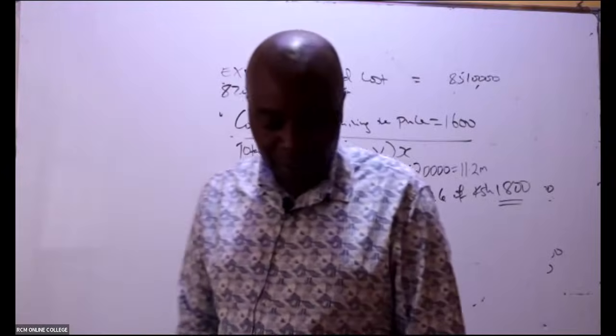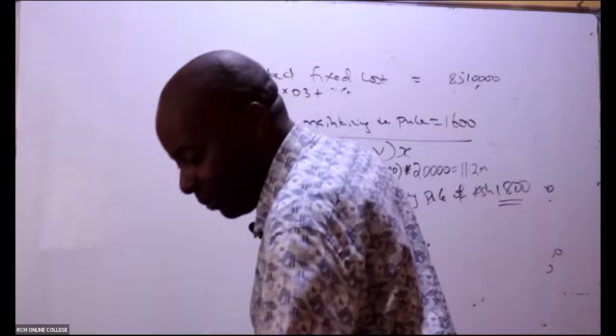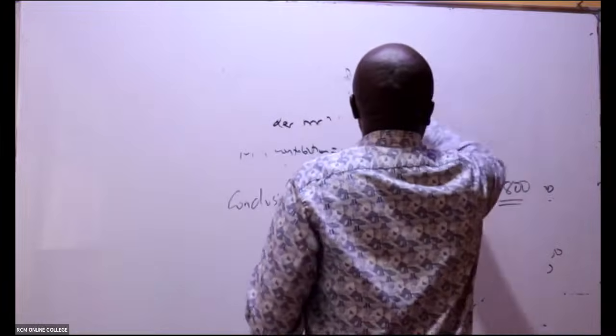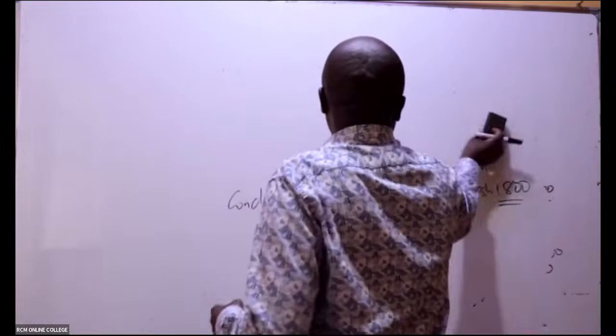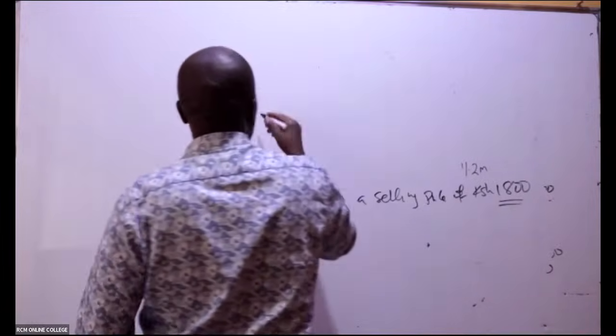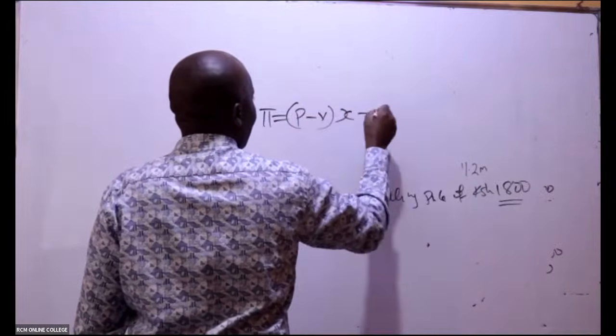So then, ladies and gentlemen, are you able to give me the profit at this? Yes, you'll be able to get the profit because we know that profit is (P minus V) times X, minus fixed cost.